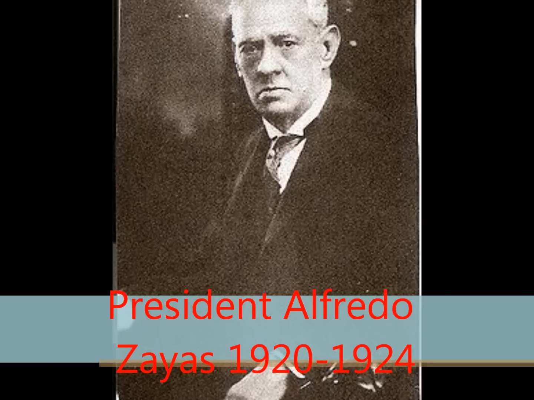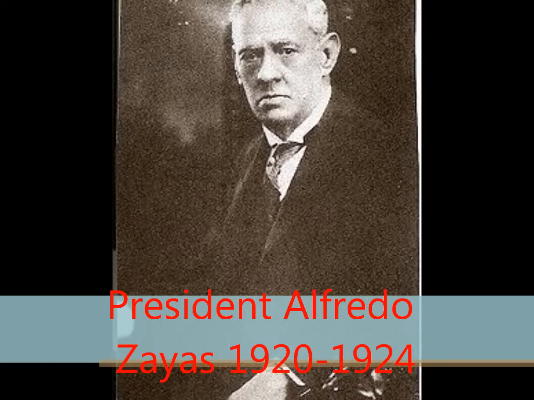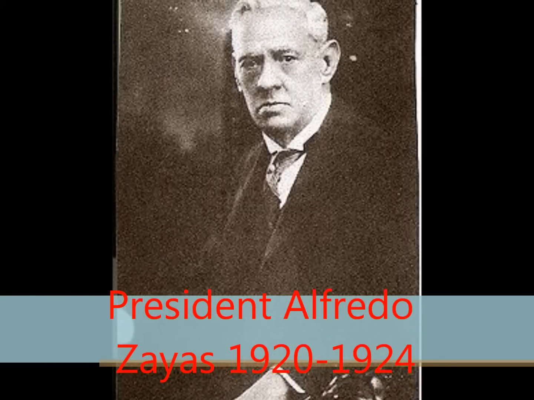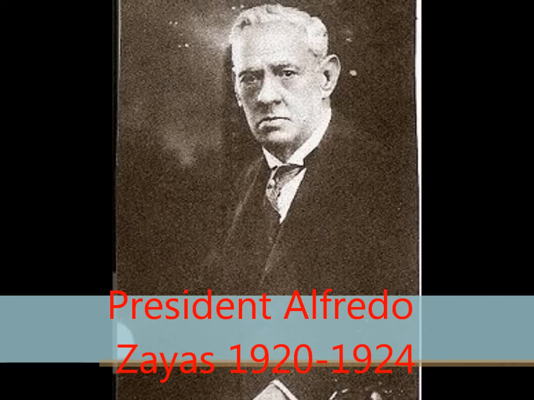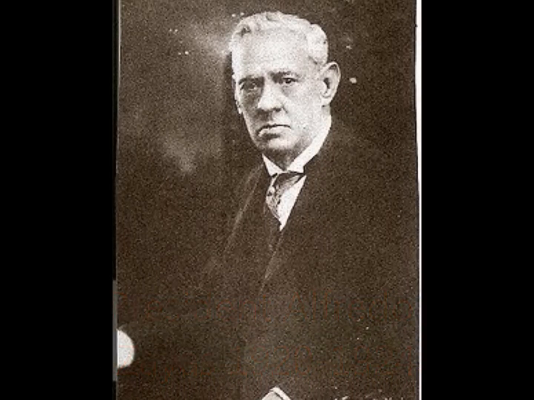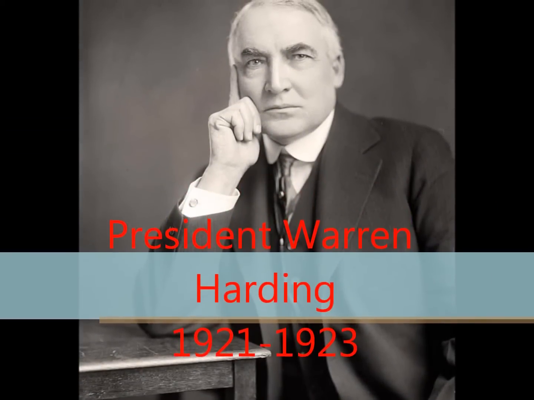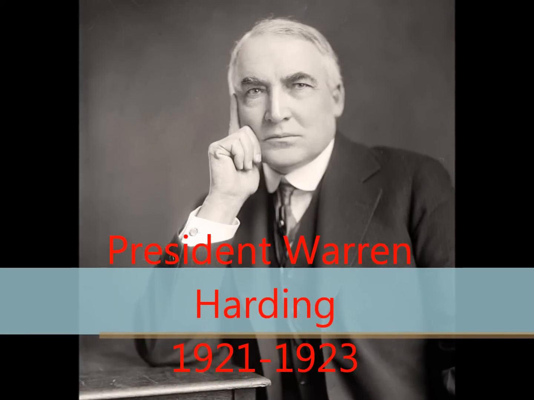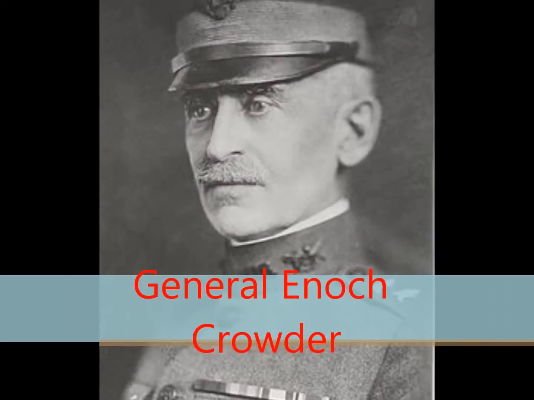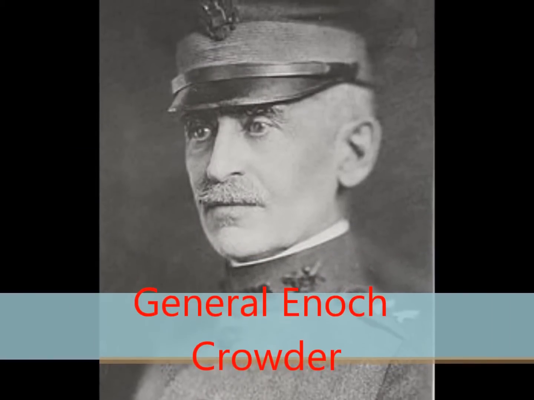In 1920, Alfredo Zayas won the presidency with conservative support. At the time of the election, sugar prices had crashed, and this caused considerable unrest. President Warren Harding sent General Enoch Crowder in January 1921 to serve as his representative.